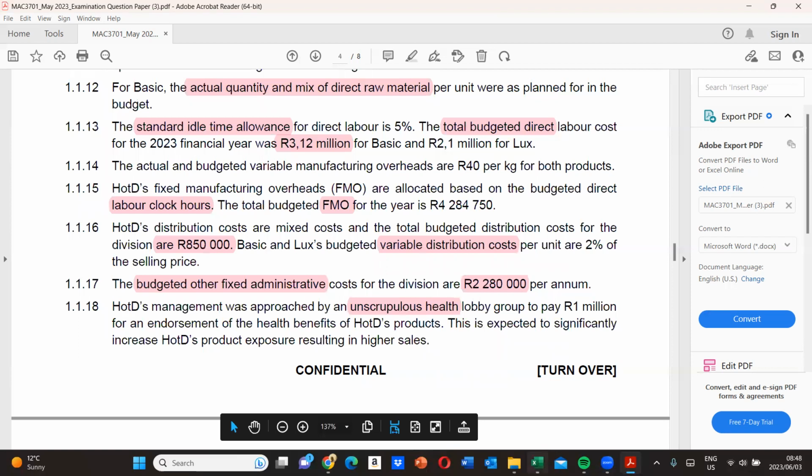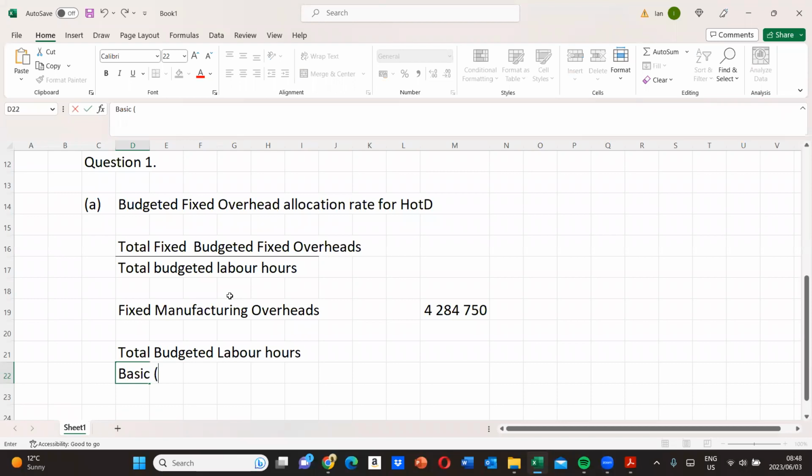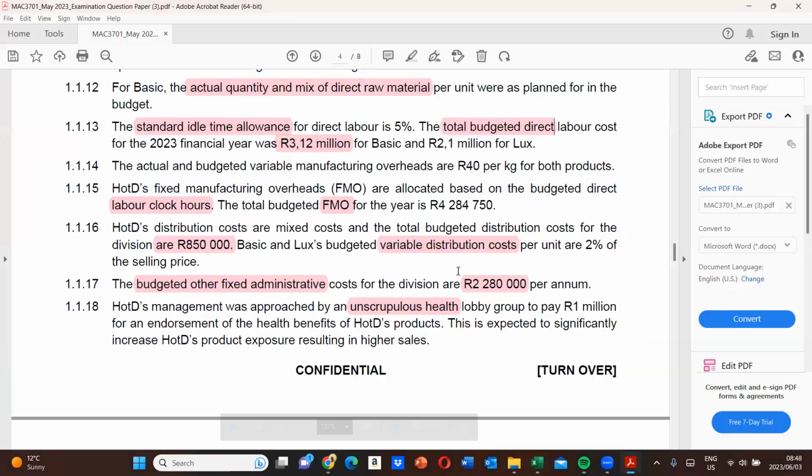So you can start off, and we can do it per product, of course. So we can do basic. How much did you budget labor hours for basic? Here we can see the total labor cost for basic is 3.12 million.